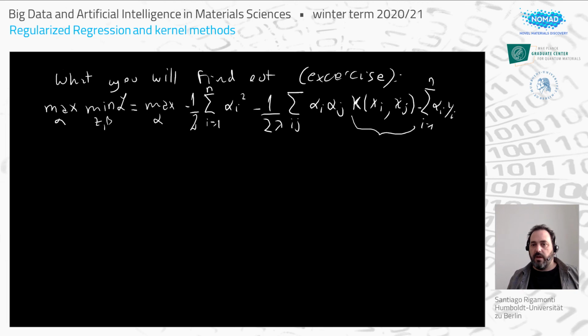Also, there is an analytical solution for this. By the way, we can also define a kernel matrix K_ij equal to the kernel of x_i, x_j.